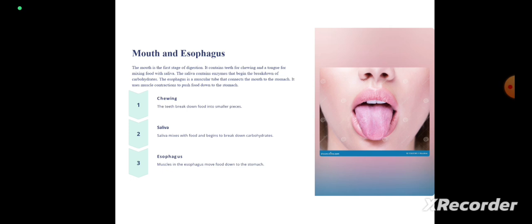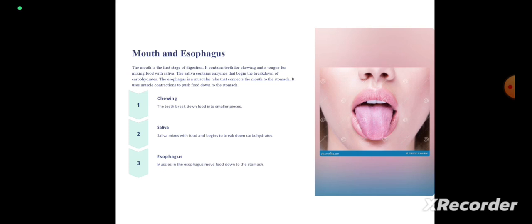The organs of the digestive system are divided into two groups. First is the gastrointestinal tract, the GIT. The second division is the accessory organs. The parts of the GIT are the mouth, pharynx, esophagus, stomach, small intestine, large intestine, rectum and anal canal.